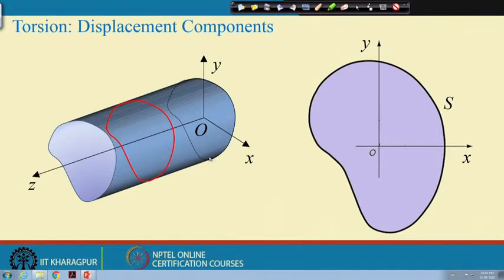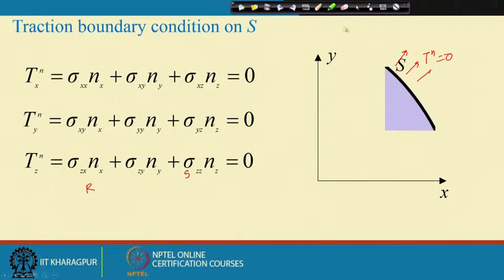Now this is the surface, and this is R. On this surface the tractions T n are 0 anyway. All these surfaces are stress free surfaces, and the traction boundary condition needs to be applied here. The traction boundary condition becomes, if you recall, the same.